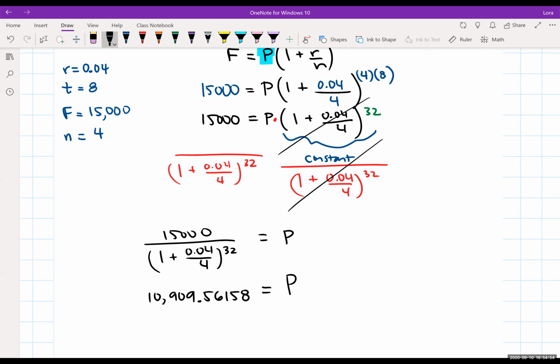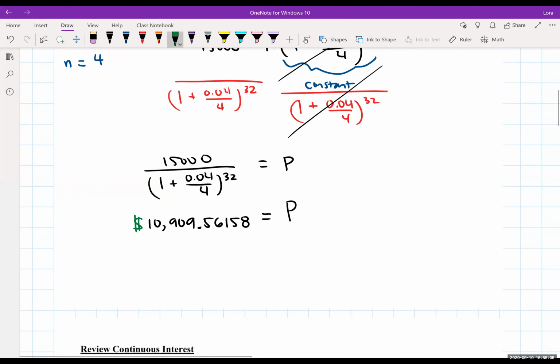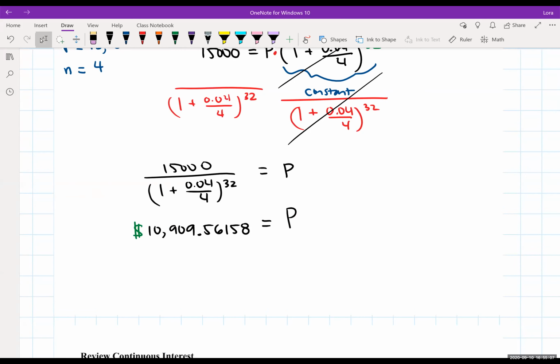Now remember, P is the amount of money that you had to invest today to have $15,000 in the future with the same constraints. If you're really speaking in real life money, we'd be rounding to 2 decimal places, the 100th place.